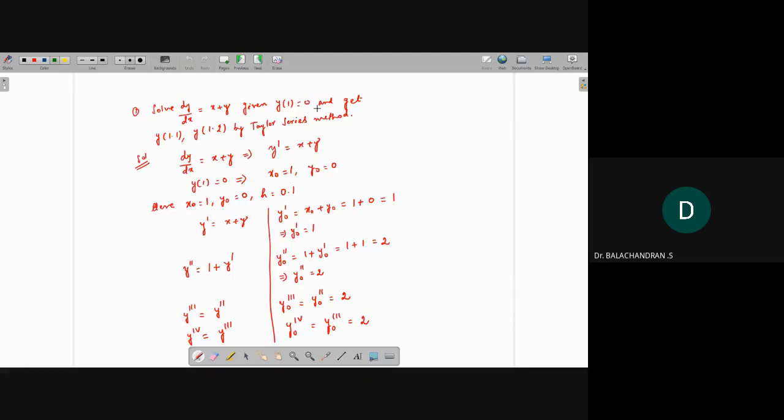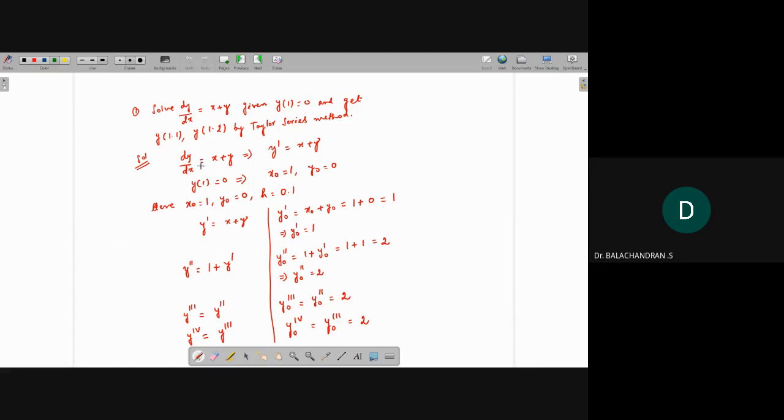So this is the first problem. Solve dy by dx is equal to x plus y, given y of 1 equal to 0, and we need to find y of 1.1 and y of 1.2 by the Taylor series method.